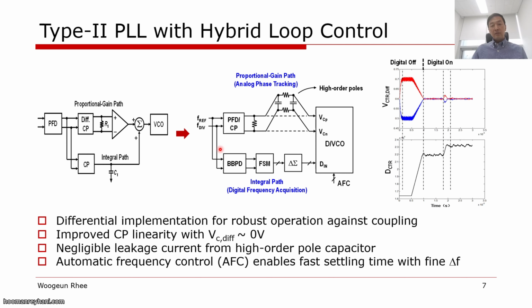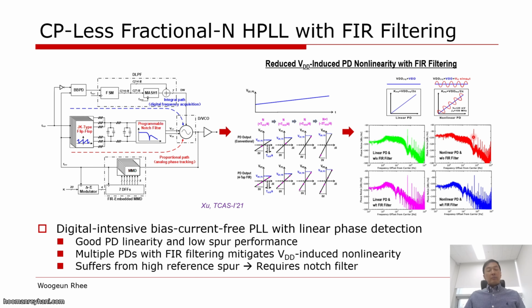So we can just implement the digital integral path to provide slow frequency acquisition, and fast phase tracking can be done by this analog proportional gain path. In this way, the performance of the phase noise and spur will be mostly determined by this analog path, and we have an infinitesimal phase resolution, so it is more immune to supply voltage variation. But one of the disadvantages is that we have a bias current and charge pump.